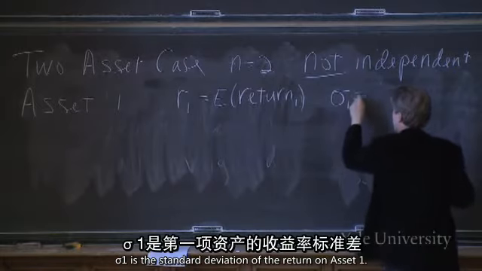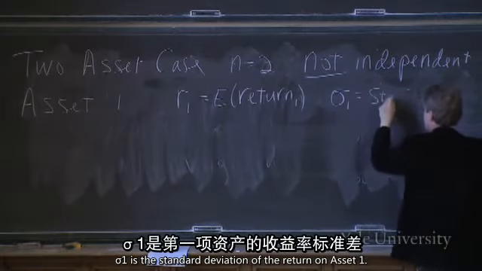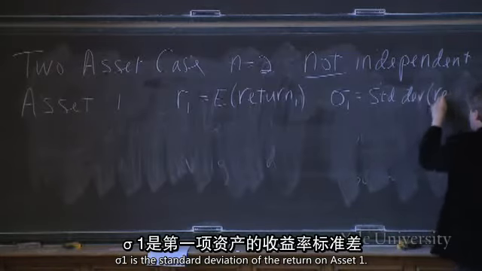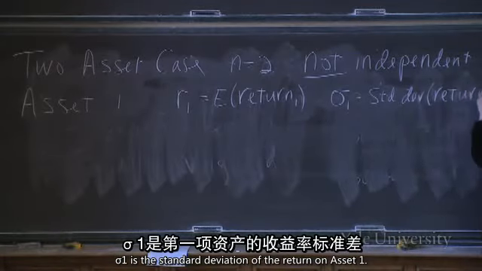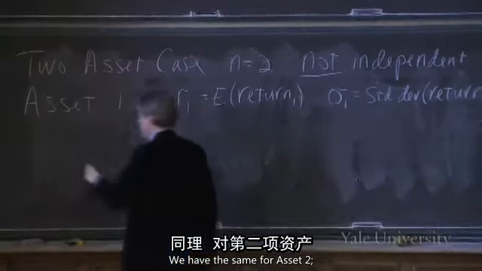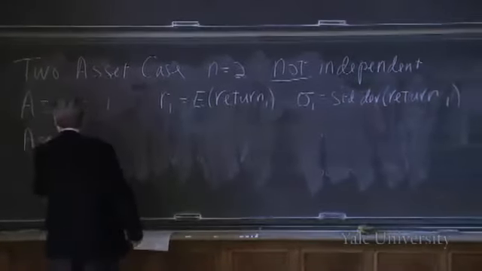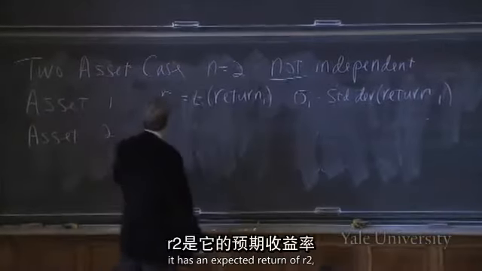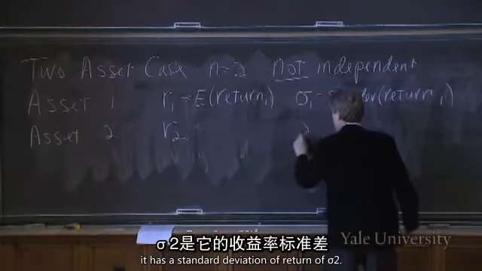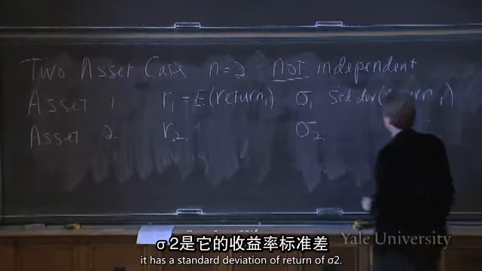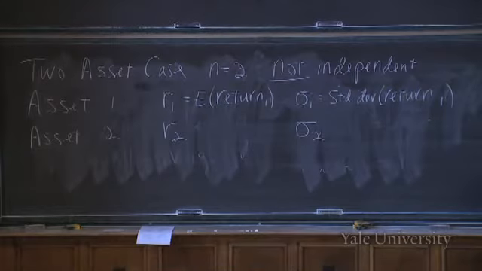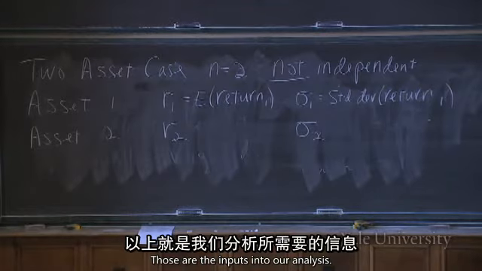Sigma 1 is the standard deviation of the return on asset 1. And we have the same for asset 2. It has an expected return of R2. It has a standard deviation of return of sigma 2. And those are the inputs into our analysis.